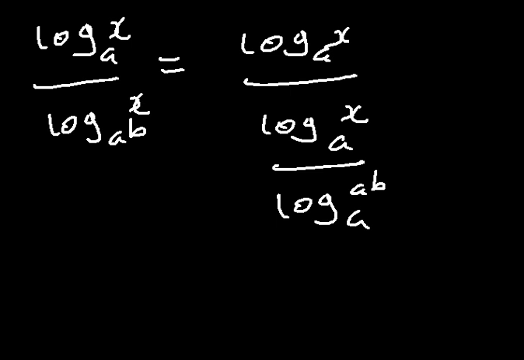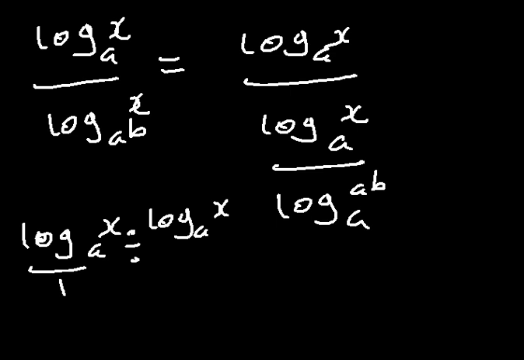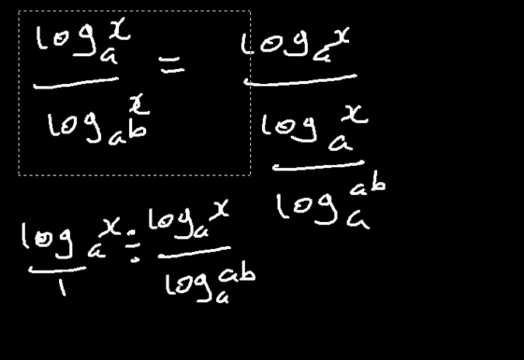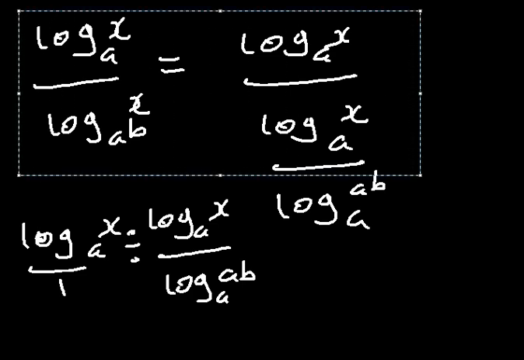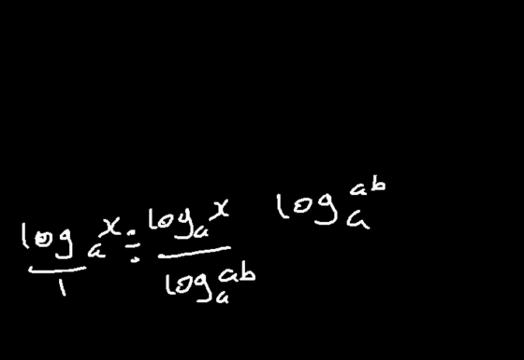Then in this case, this is the same as having log a of x, divided by, of course we have 1 over here, log a of x over log a of ab, using the properties of fractions, the way we deal with the division of fractions.